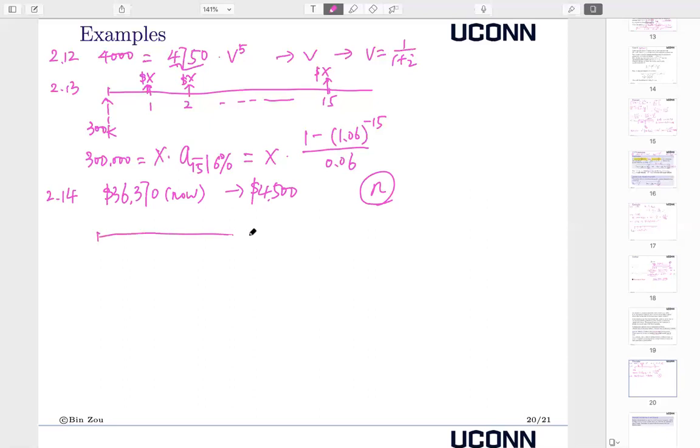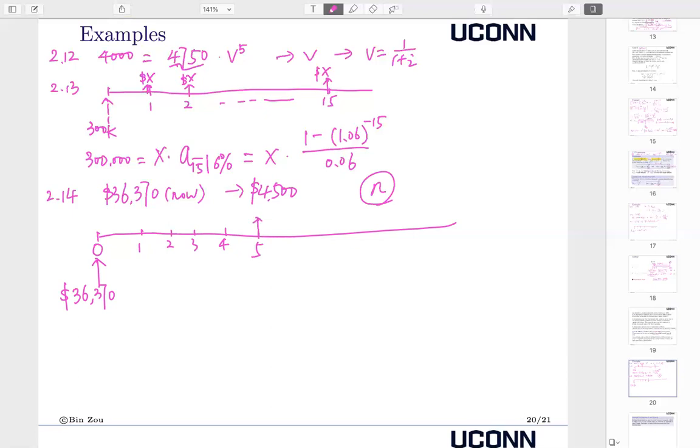So let's draw the timeline. She pays at time 0 $36,370 for some annuity. It does not start at time 1. It actually starts at time 5. So it's 1, 2, 3, 4, 5, at the end of each year for n years.